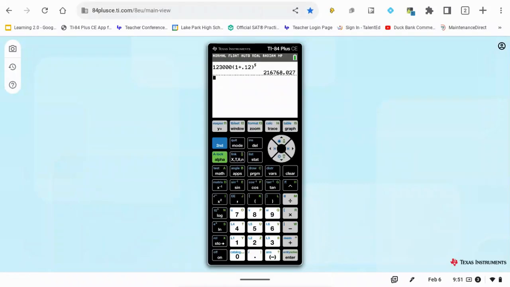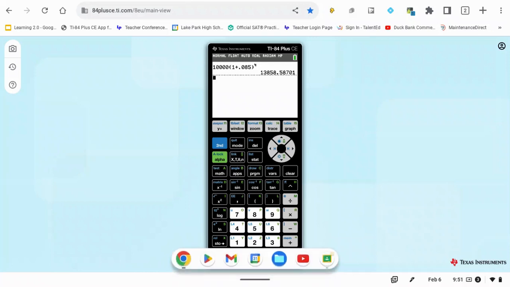So grab your calculator. I'm going to clear out the old equation, and I'm going to type in the new one, which is 10,000, parenthesis 1 plus 0.085, close the parentheses, and raise that to the 4th power. Now, when I hit equals and I want to round it to 2 decimal places, I see 0.58. The number next to the 8 is a 7, so I need to round that up to 0.59.